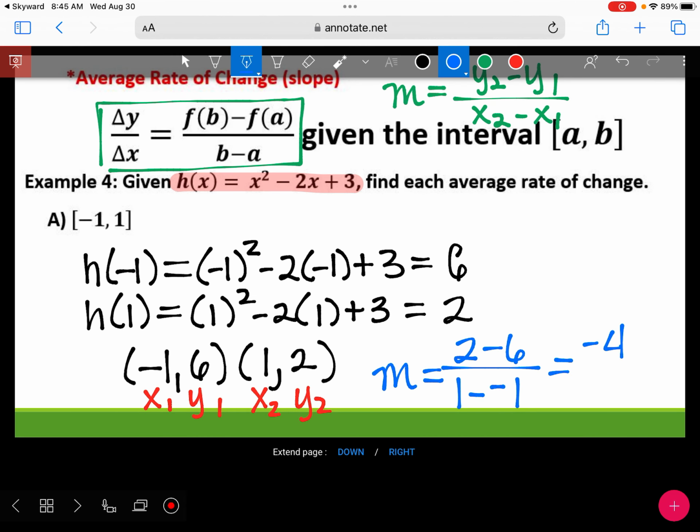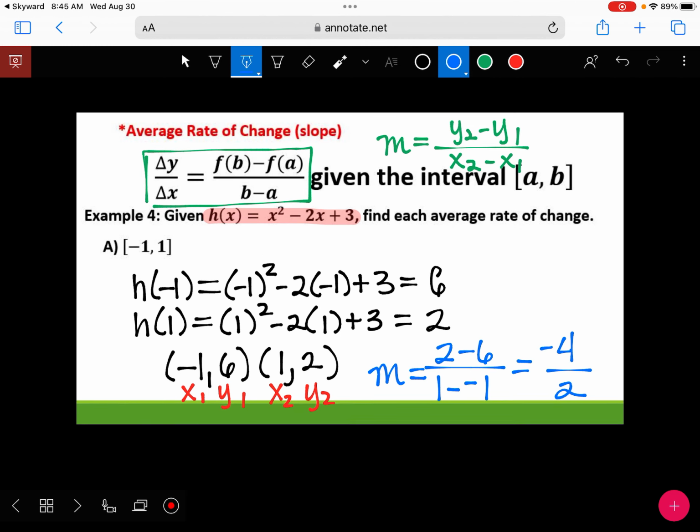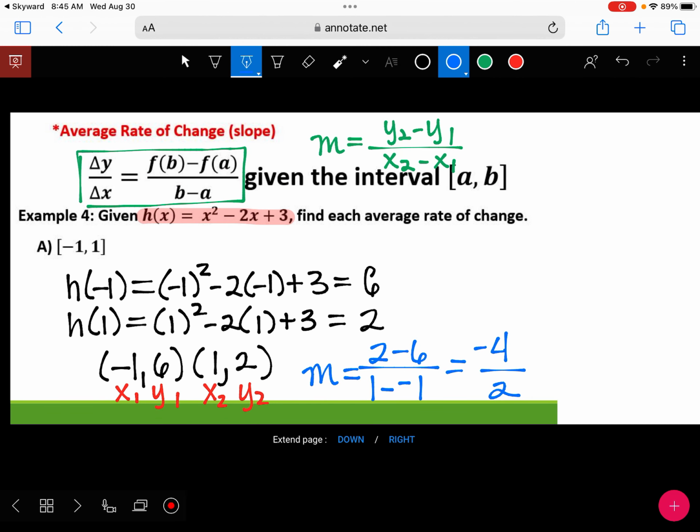That would be -4 over 2 or -2. So this is my rate of change. This is my final answer that I'm looking for. So we figured out the rate of change between -1 and +1 on this graph is -2, which means it is a decreasing interval.